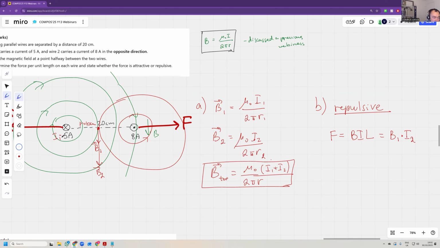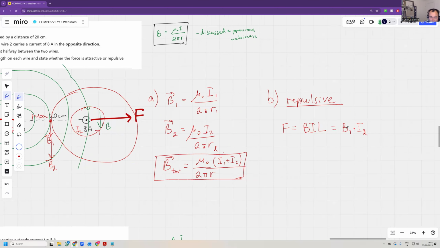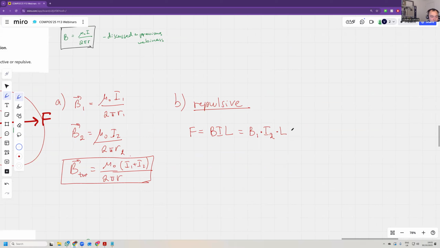So the field of the first wire times the current in the second wire times the length of the second wire. And we know that's equal to mu0 I1 divided by 2 pi d, the distance, multiplied by I2 and multiplied by the length of the wire.